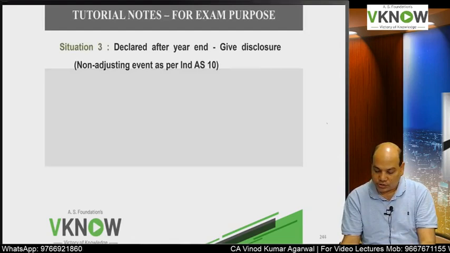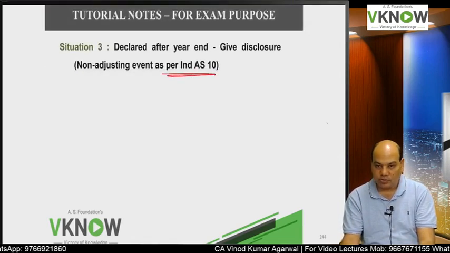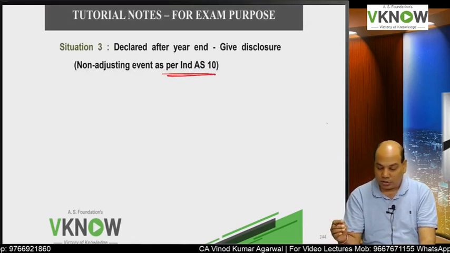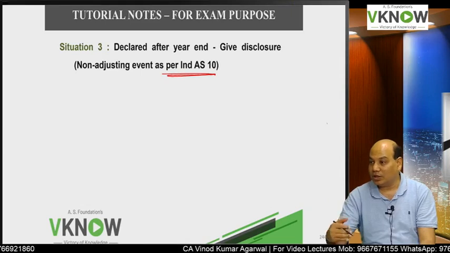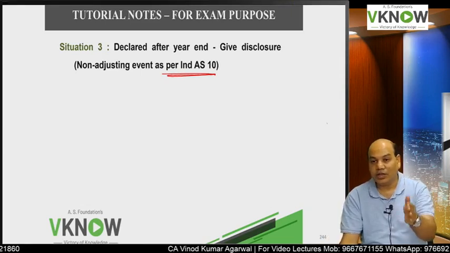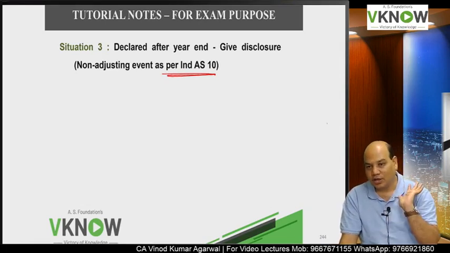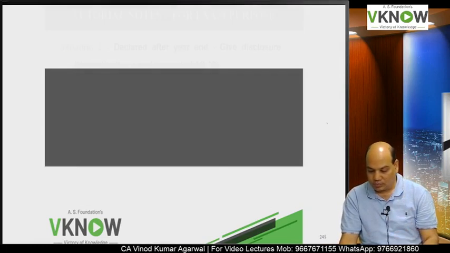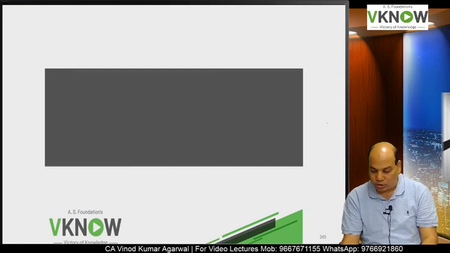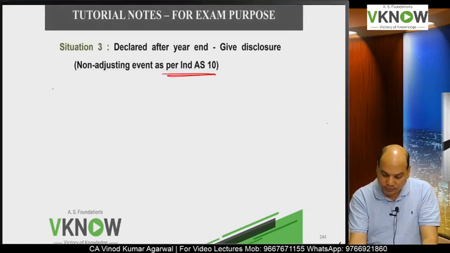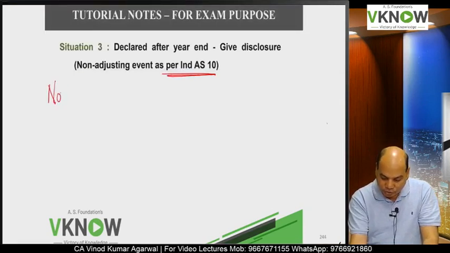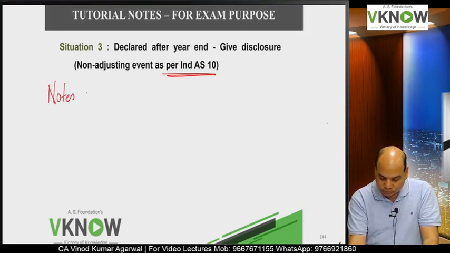So it is a non-adjusting event. It is given in Ind AS 1 and Ind AS 10 also, and the logic is it is not a liability unless it is declared by the end of the year. Liability will happen only after it is declared. So that was the note, and a few more notes, write down. Tutorial notes.